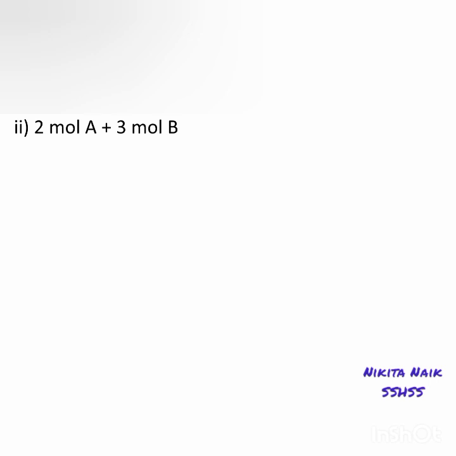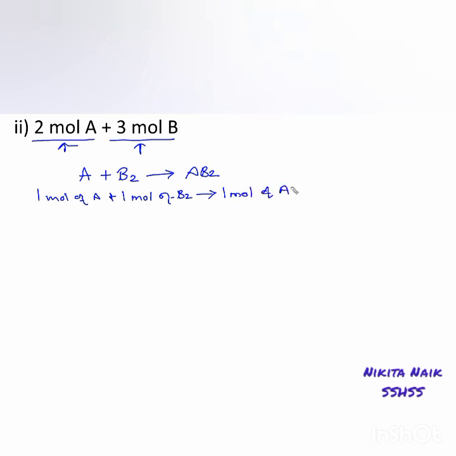The second part is 2 mole of A plus 3 mole of B. In the second part, given quantities are in terms of mole. I'm again writing the general reaction, A plus B2 giving us AB2. In terms of moles, this will be 1 mole of A plus 1 mole of B2 giving us 1 mole of AB2.